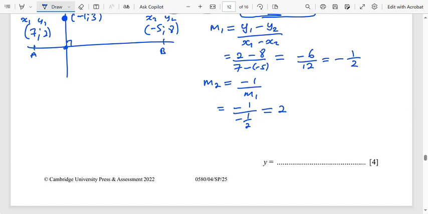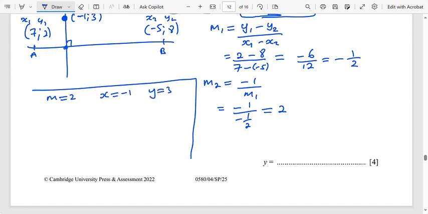So at this point now, I am trying to find the equation of the line with the gradient of 2, and which passes through the point where x is minus 1 and y is 3, as we are told here. So using y is equal to mx plus c, we need to find m, which we already have.